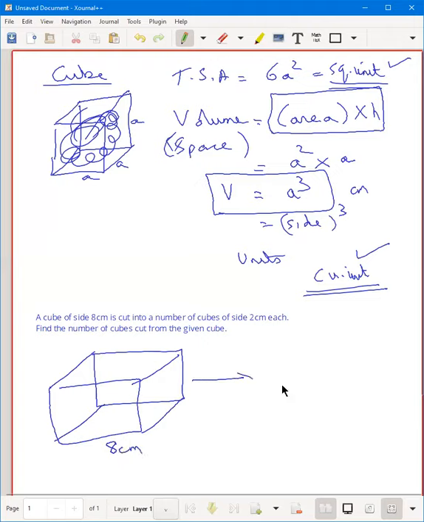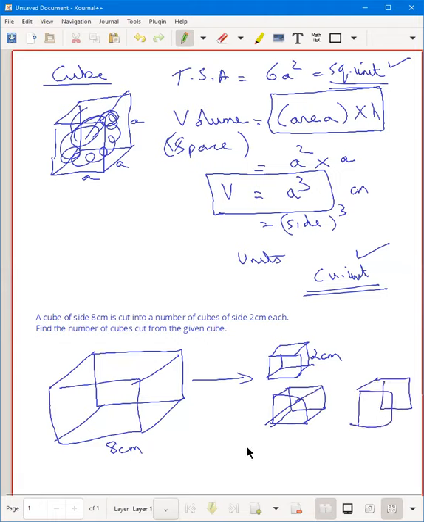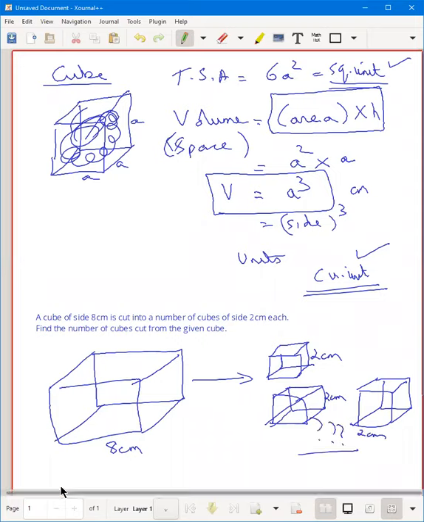This was cut into multiple cubes, each of side 2 centimeters. A lot of cubes will be there. How many such cubes will be formed? That's what they're asking you. Each of them will have a side of 2 centimeters. How many of these cubes will we get? Try to figure out what can be done.